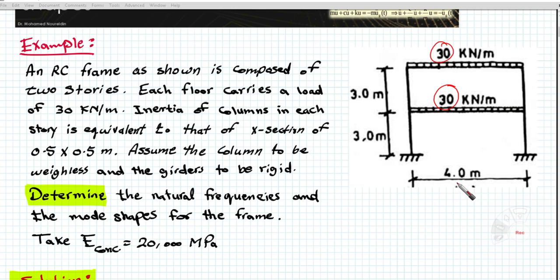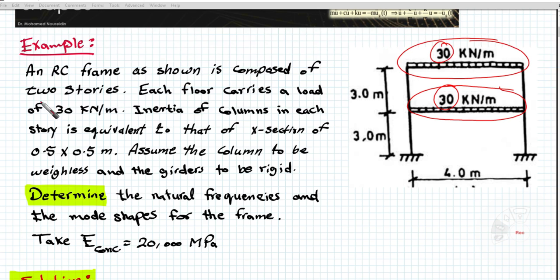And we are going to find that this frame is having concentrated masses, as we can see here, on the floors. Okay, so this is in general what this frame is all about.